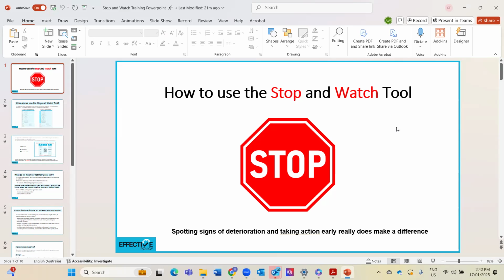So they both use different tools and language, but the outcomes and the reasons for what they're doing remain the same. So we want to have a way that can be systemized to be able to detect and communicate signs of deterioration before they get to the point where somebody becomes seriously ill or irreversibly unwell, as we've seen in some of the more publicized cases.